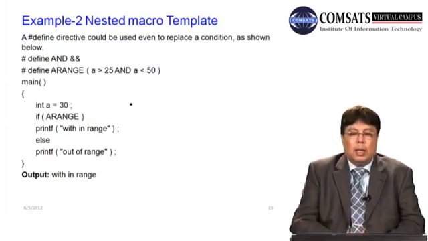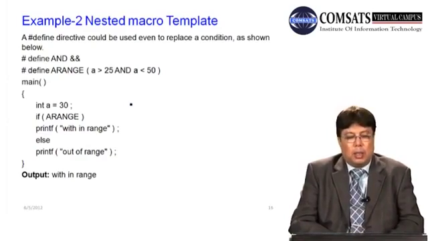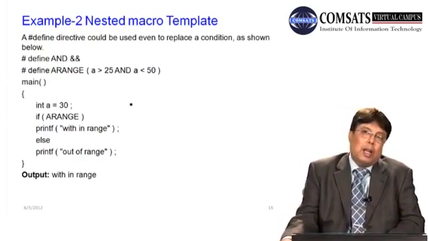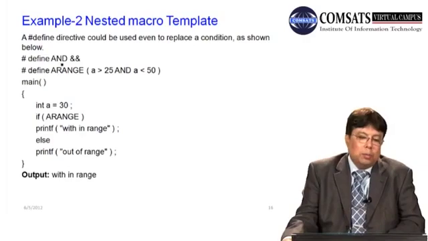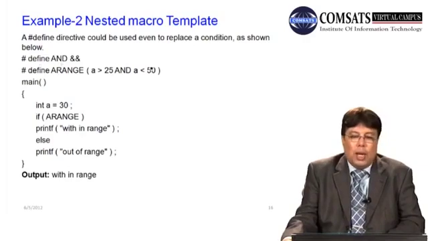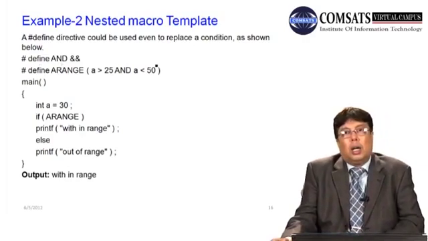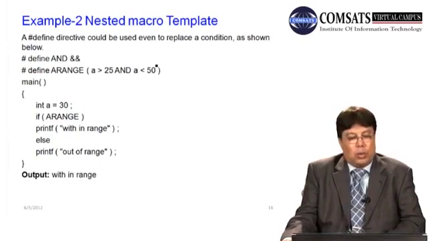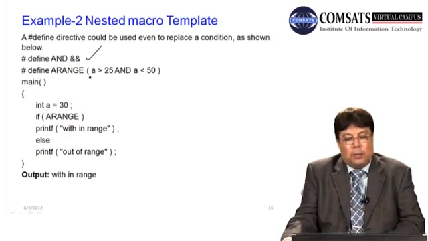What else? Nested macro templates. आपने एक टेम्पलेट को डिफाइन किया, then you can use it. So here we have done 2 very interesting utilization of these macros. First is very simple, जो मैंने पिछले एग्जाम्पल में भी आपको दिखाया कि it has defined and like this, and second define average.